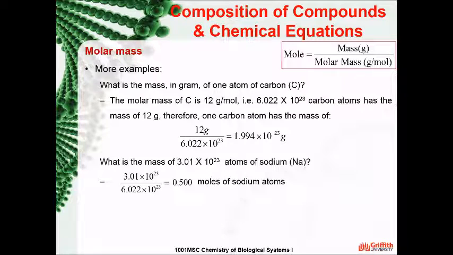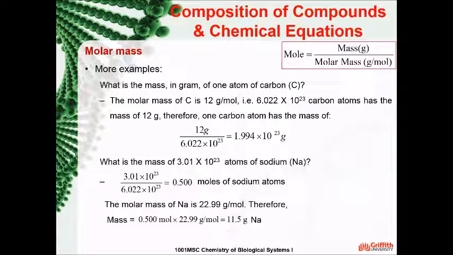From the periodic table, the molar mass is equal to 22.99 grams per mole. Mass is equal to moles times molar mass. Therefore, 0.50 moles times 22.99 grams per mole is equal to 11.5 grams. Please practice the weekly exercises, and we will cover additional examples in the tutorial.